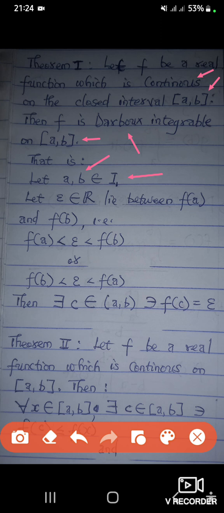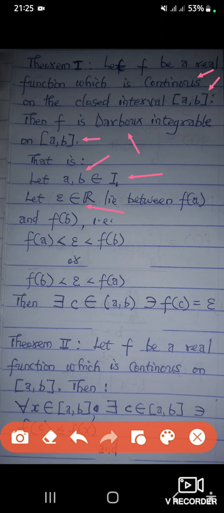And then let us consider a real number epsilon that lies between the function at these two ends, the function at a and the function at b. Now what do we mean by that? We mean that there is no order here between a and b. We don't know which is larger. a could be larger than b, b could be larger than a. What we know is a and b are in the interval I.